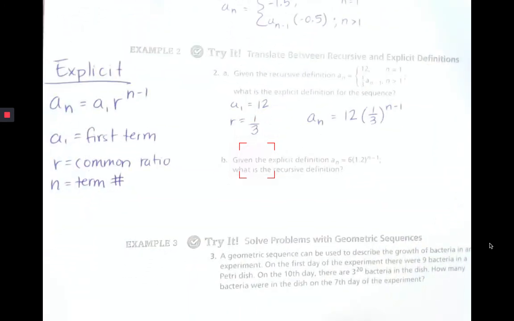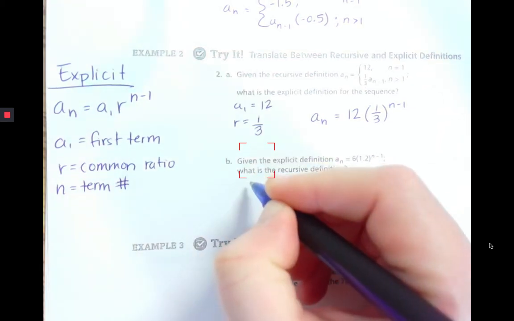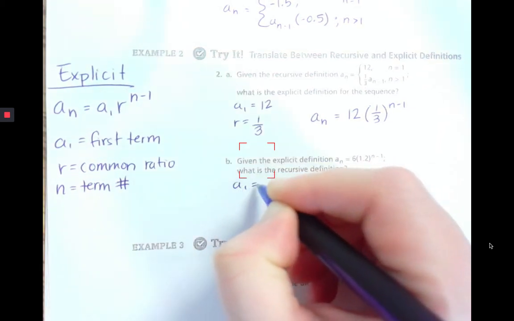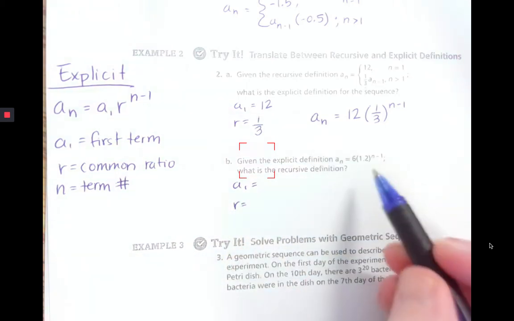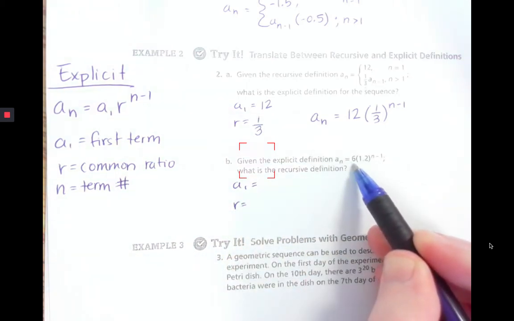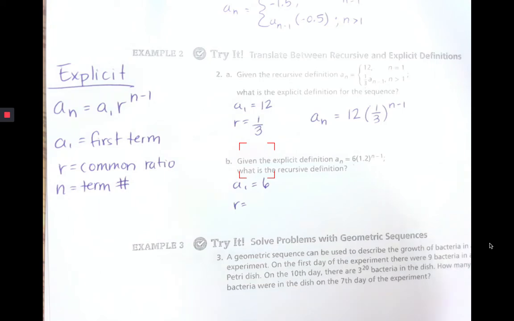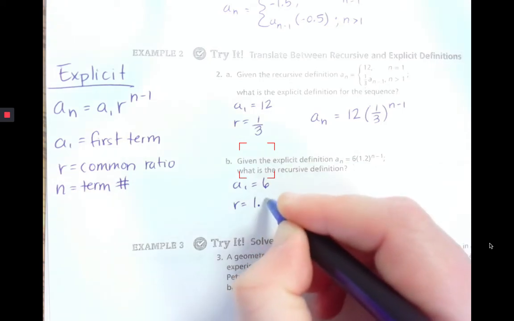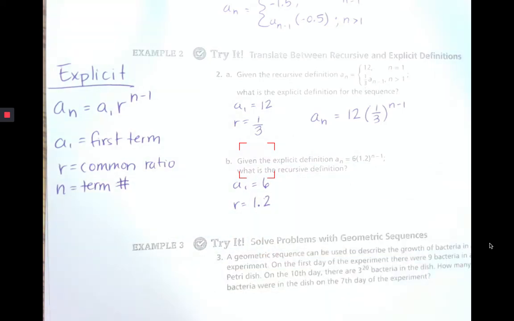All right, so now given the explicit definition, what is the recursive definition? So again, I'm going to figure out what A sub 1 equals and what r equals. A sub 1 is going to be 6, and my ratio is going to be 1.2.